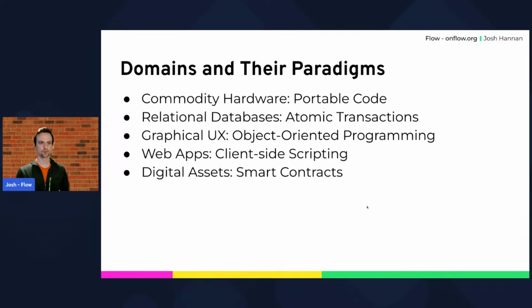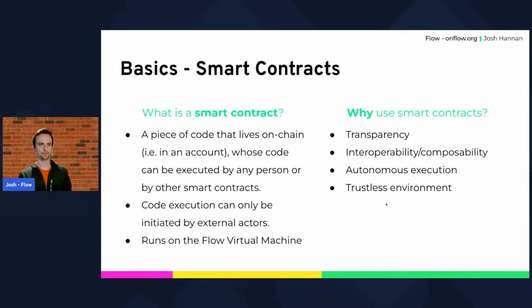So, for example, commodity hardware introduced portable code, relational databases had atomic transactions, graphical UX, object-oriented programming, and so on and so forth. And now that we have these digital assets that we're using blockchains for, smart contracts have emerged as the new programming paradigm.